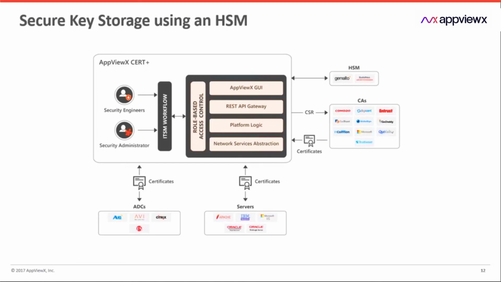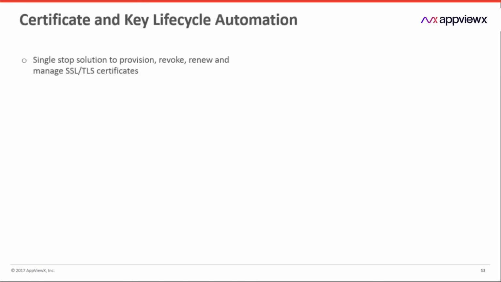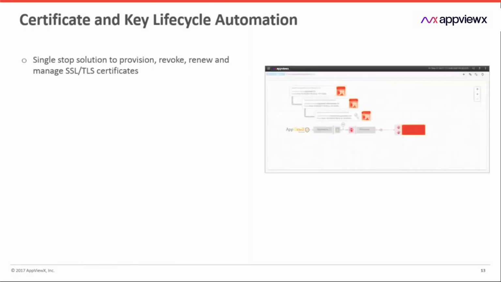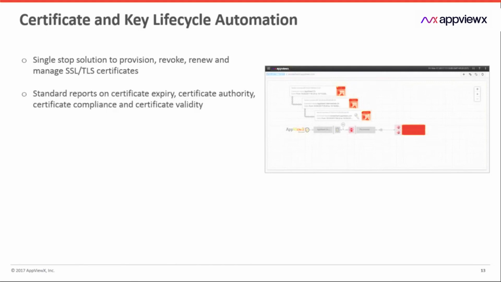Thus, to reiterate, AppViewX CERT Plus is a single-stop solution to provision, revoke, renew, and manage digital certificates and its private keys. You can view and also receive standard reports on certificate expiry, on certificate authority, also on certificate compliance. What does certificate compliance mean?